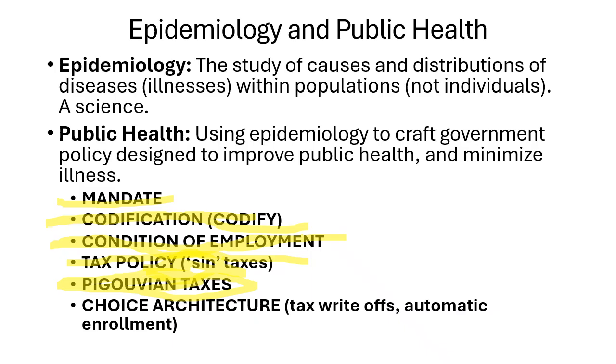Another example of a Pigovian tax is a factory that pollutes the water supply. They dump toxic chemicals into the river. The government is forced to pay the bill to clean up the river, but they shouldn't have to. You shouldn't have to pay for a mess that you didn't create. And so they charge a Pigovian tax on the product.